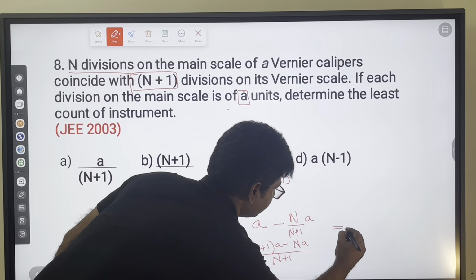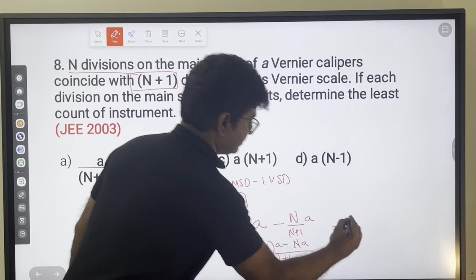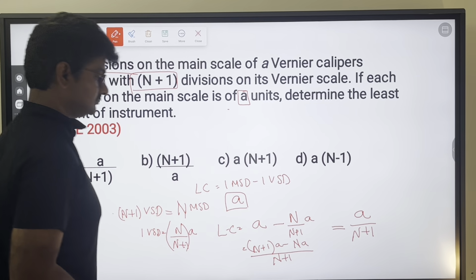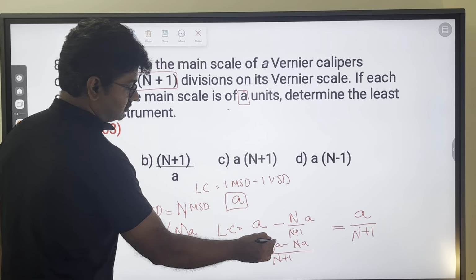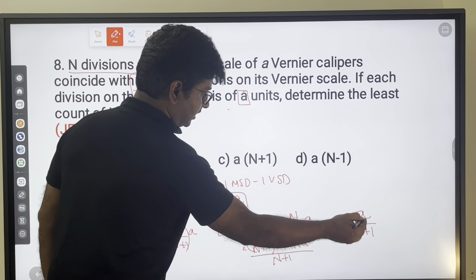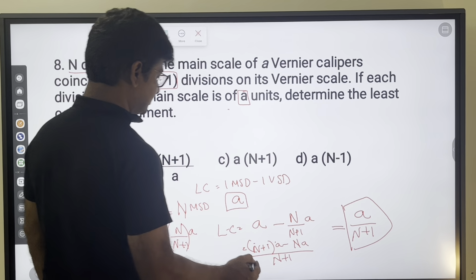What we get is nA goes, we are left with A here, A by n plus 1. So nA minus nA cancels, 1 into A by n plus 1. This is the least count.